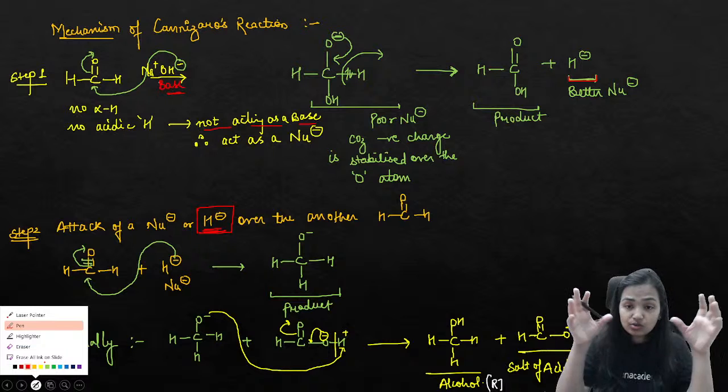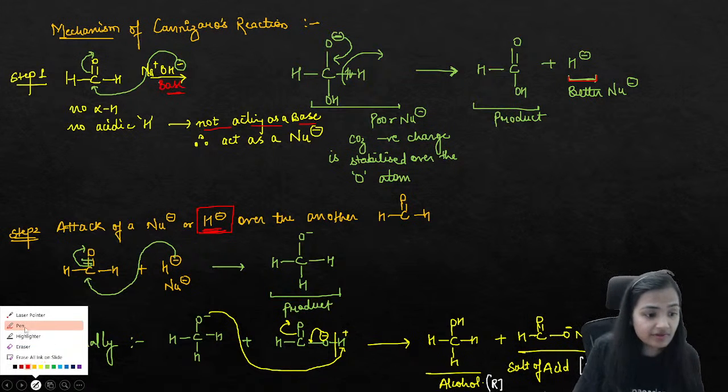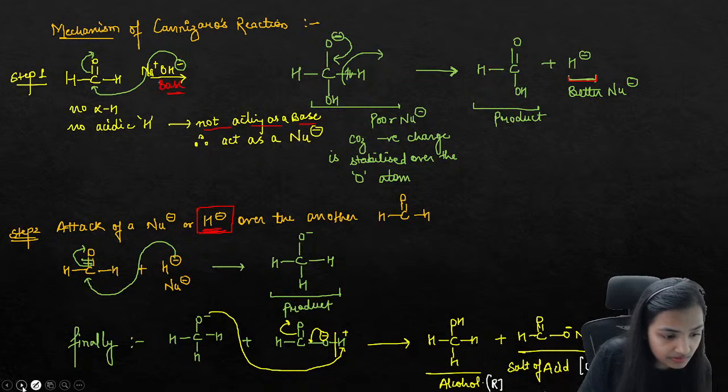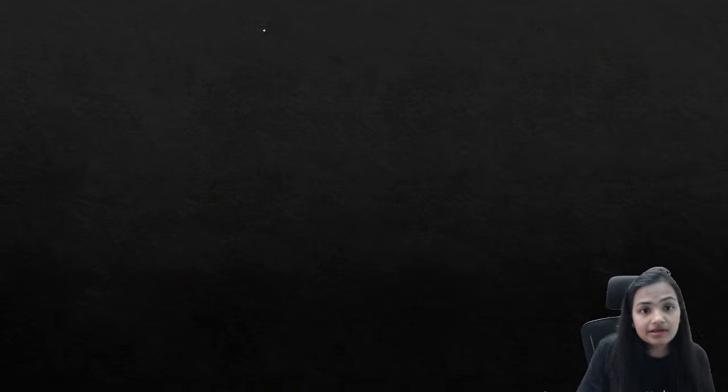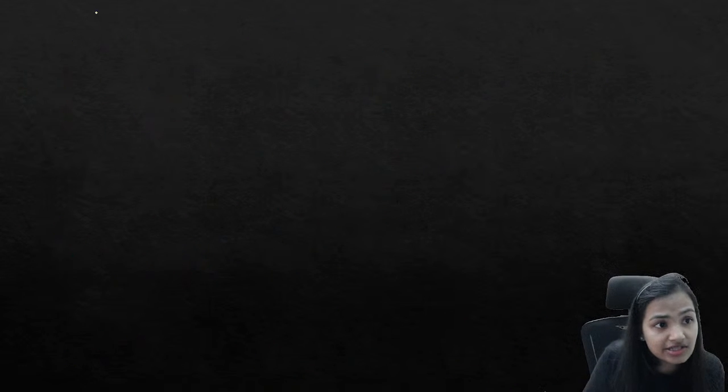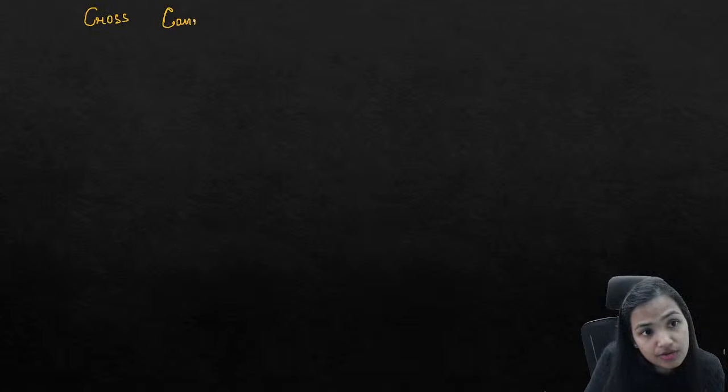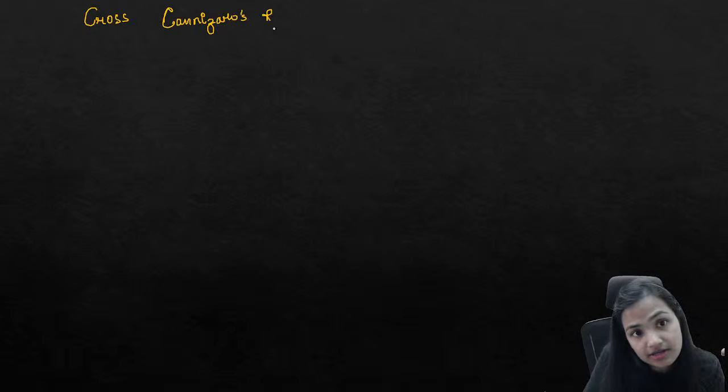If I have two carbonyl groups, let me tell you. Let us do another reaction, that is the cross Cannizzaro. Cross Cannizzaro, you will better understand here. Cross Cannizzaro's reaction. Okay, so what does this mean?